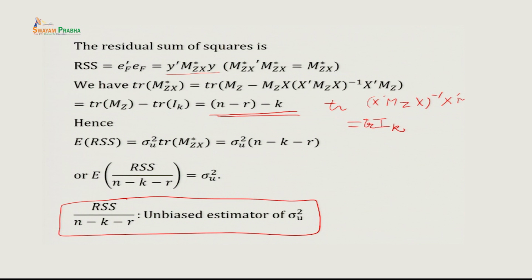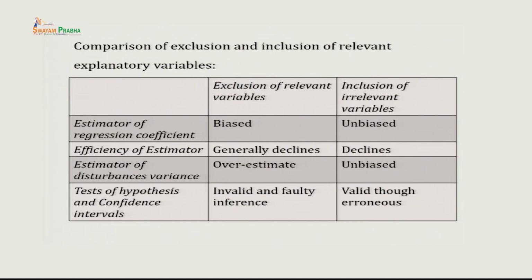RSS upon n minus k minus r gives you an unbiased estimator of sigma squared u. So we have considered both the cases when we have excluded some of the relevant variables or when we have included some of the irrelevant variables in your model.